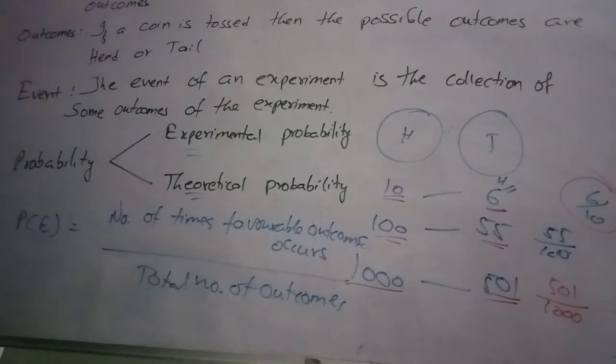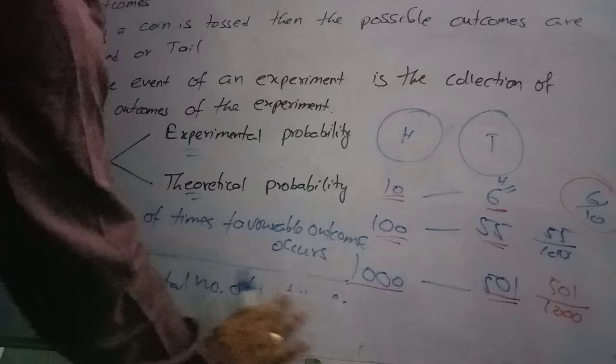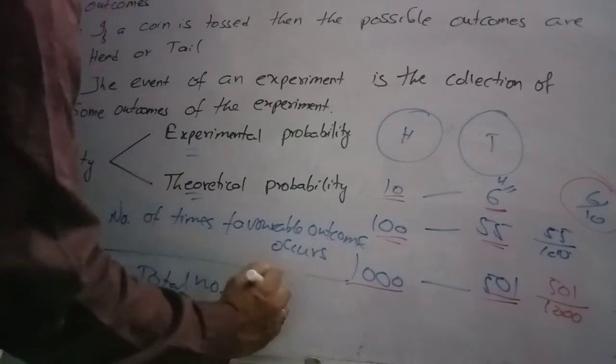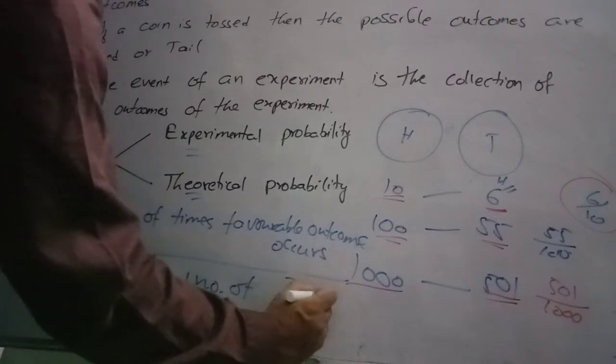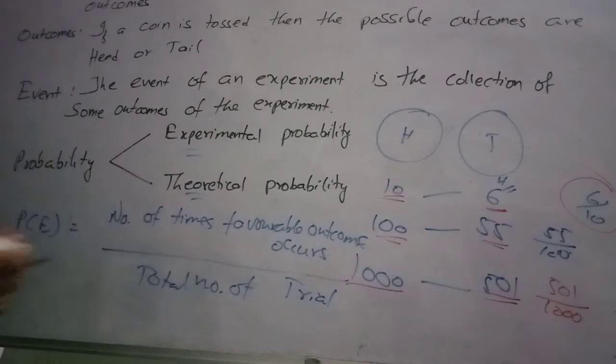So generally, it is the number of times the favorable outcome occurs divided by the total number of trials. Trials means the total number of times the coin is tossed.